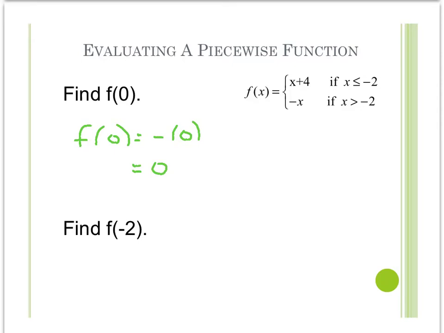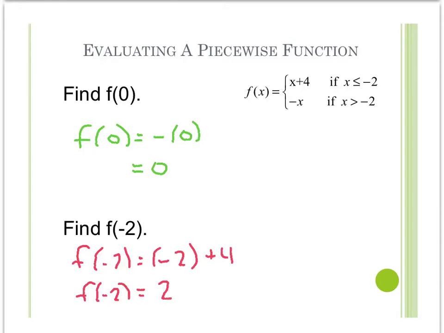Now when I plug in negative 2, it's going to fall into this part of the domain because negative 2 is equal to negative 2. So plugging in f of negative 2, it's going to go into the x plus 4 bucket, and I'll just get positive 2. So f of negative 2 equals positive 2.